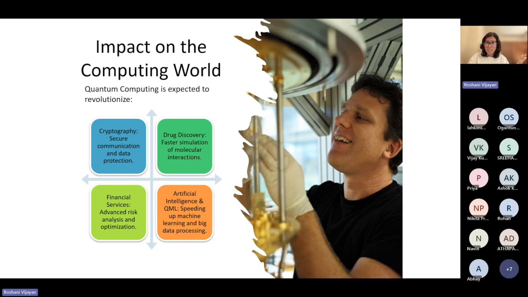You can simulate nature in ways that we have never been able to with classical computers. Financial services, this is where you would use optimization, where you would analyze risk, or optimize portfolios in finance. And artificial intelligence and quantum machine learning, here, instead of spending 7 hours for your data processing, you can spend much less and you can actually get your algorithm running more efficiently, more accurately as well.